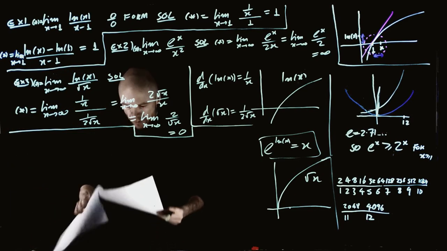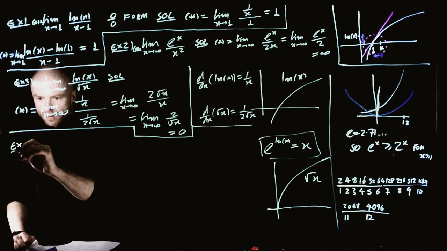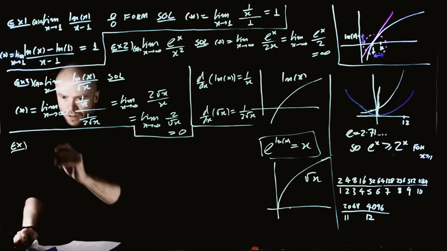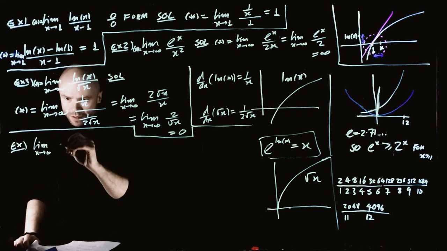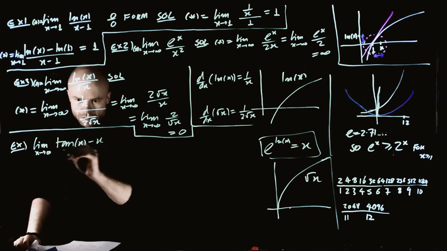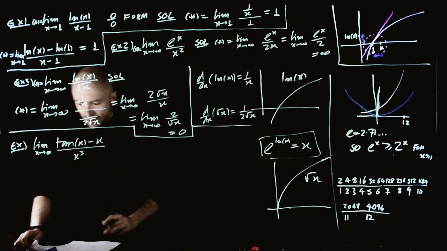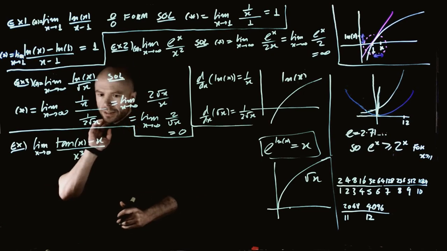Our final example of this kind. Example. The limit as x tends to 0 of tan of x minus x over x to the 3. Okay, let's try and understand this.